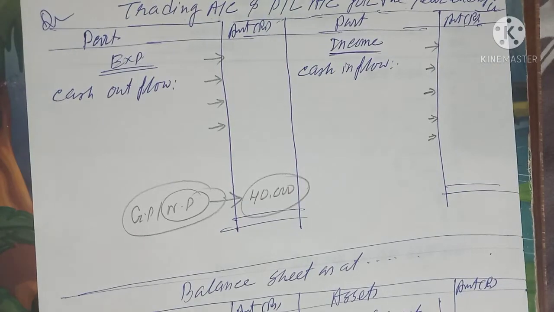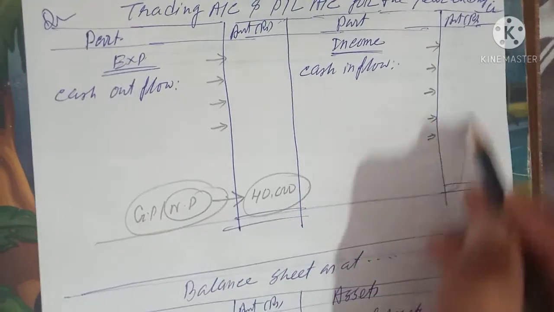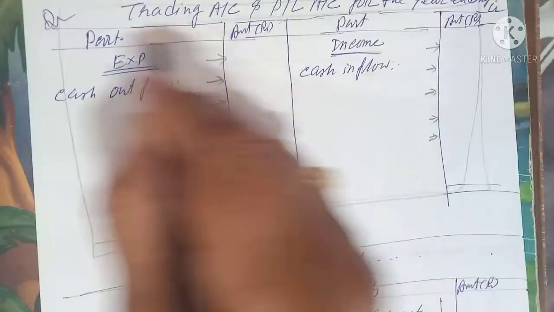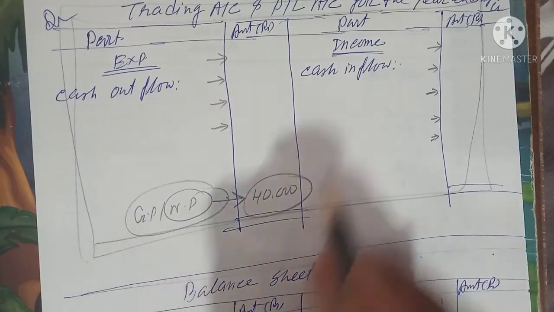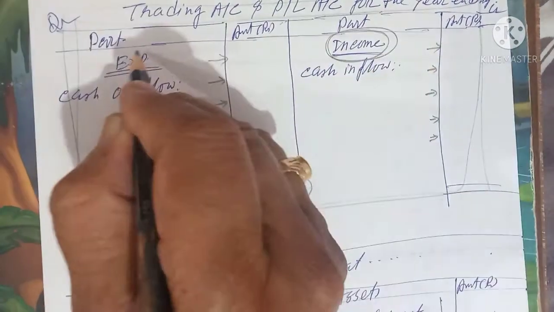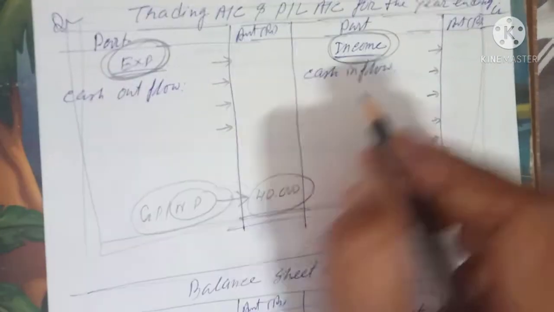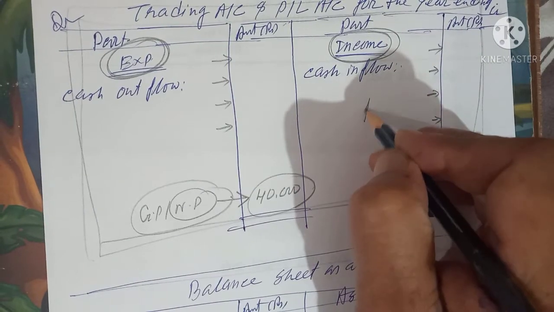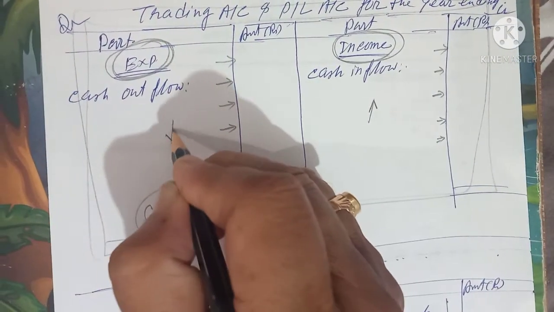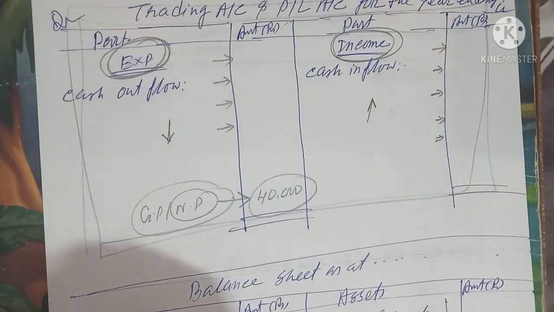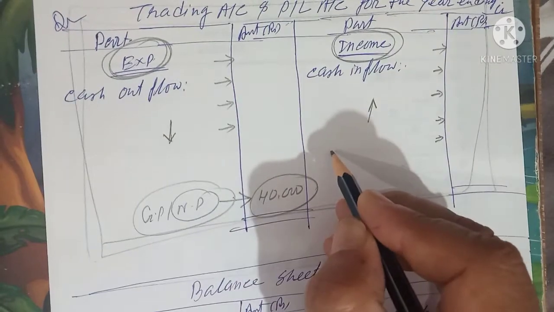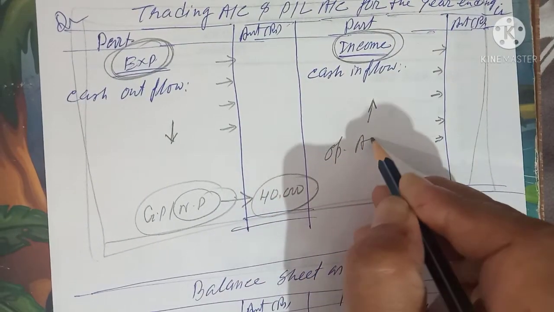Here, I will tell you the three steps. This is the trading account and profit and loss account together. Obviously, this is the income side and this is the expense side. Income side means cash is coming, cash inflow, and expense side means cash is going, cash outflow. So this is called the operating activity.